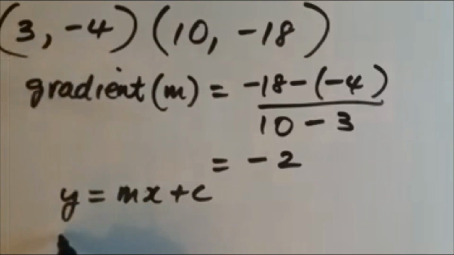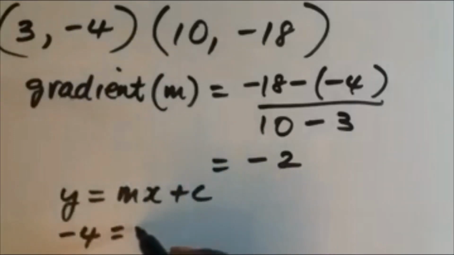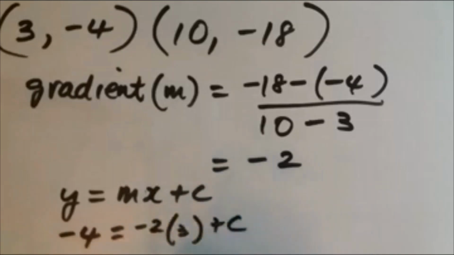So we have negative 4, which is y, is equal to mx, which is minus 2 times 3, add c. And this allows us to find c, which is the y-intercept.